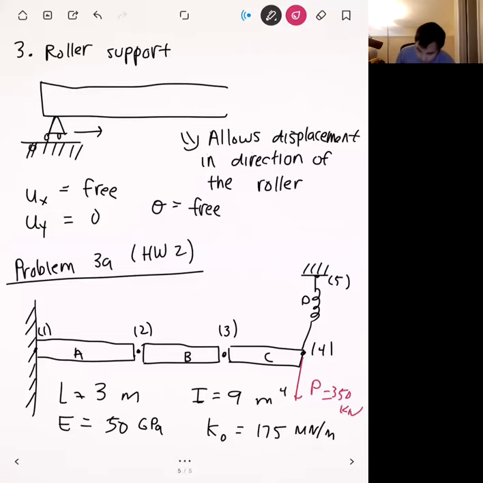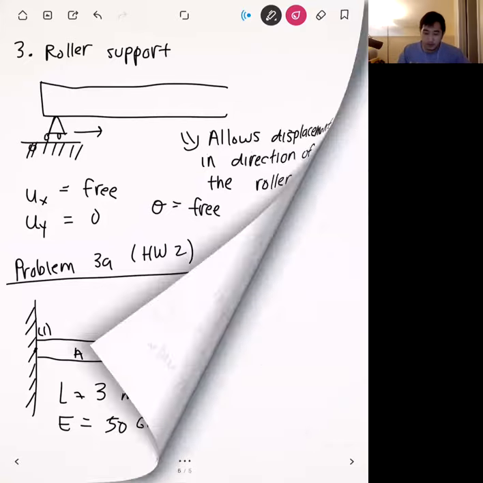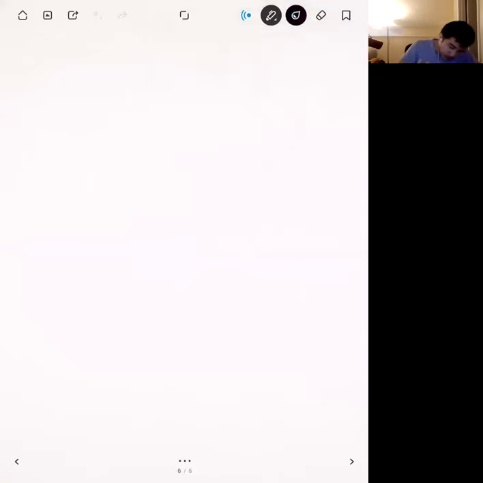Let's go ahead and do this problem as if I assigned it on the midterm. This problem is a little too complex for the midterm because it's 4 elements, and what I promised you is that on the midterm there's only going to be a maximum of 2 elements. But by doing this, you'll get a sense of how to set these up. Step 1 is to compute the element stiffness matrices for all the elements involved.